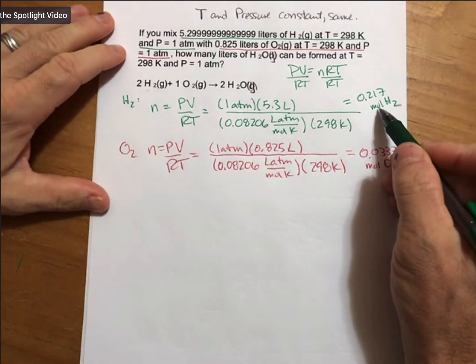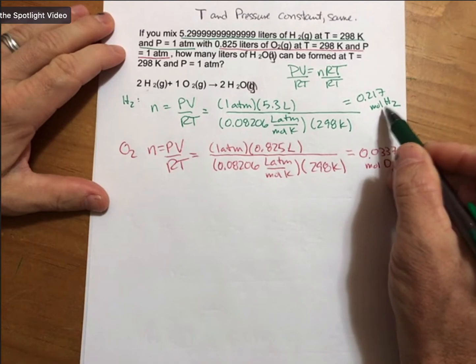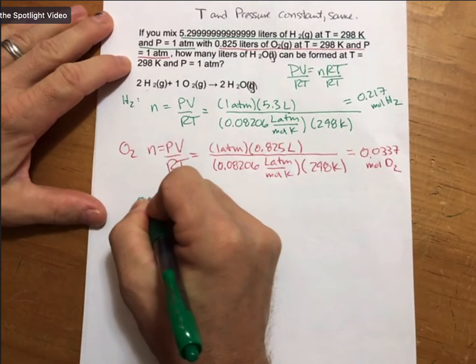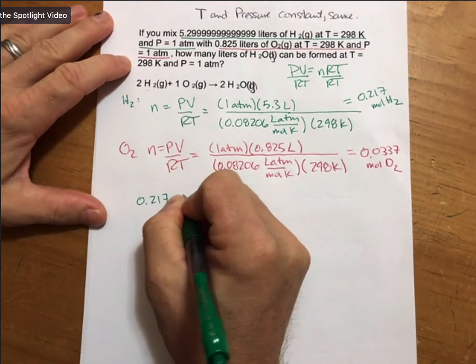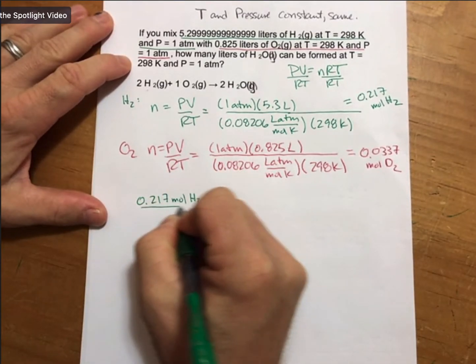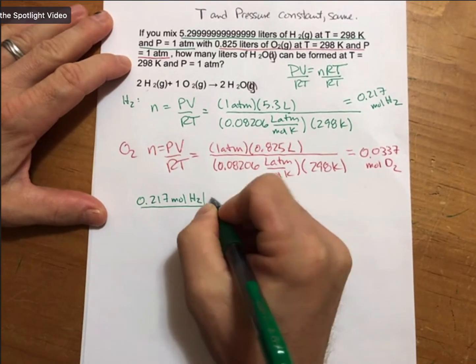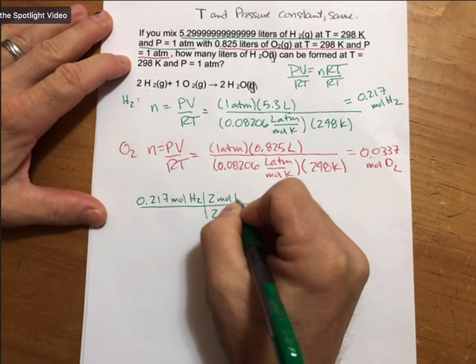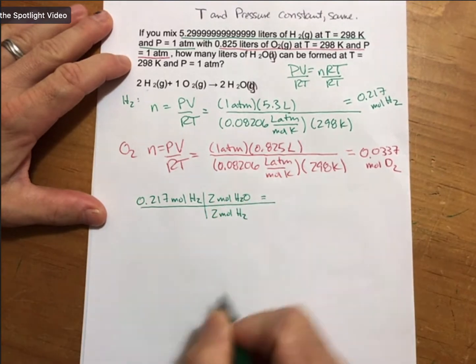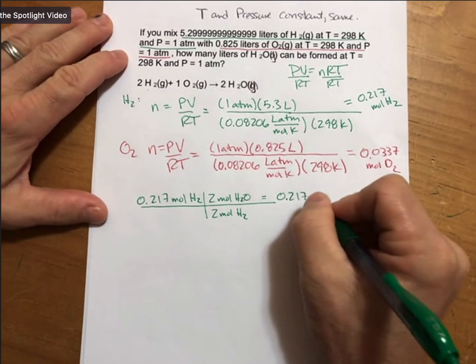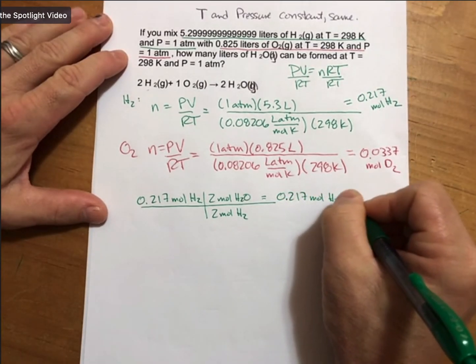So our process always says take your moles of reactant, do a mole-to-mole ratio. Of course, hydrogen stays the same number, but now it's moles of H2O.